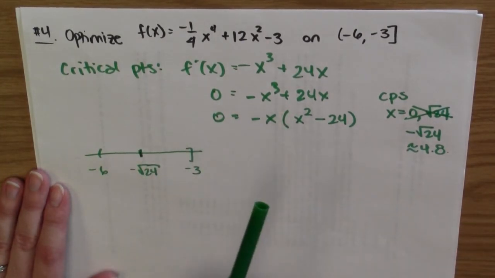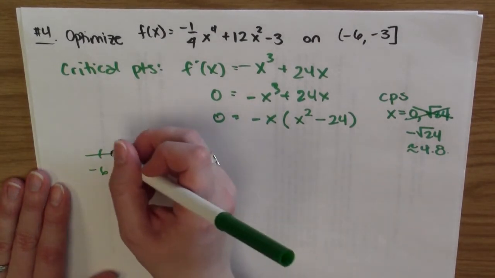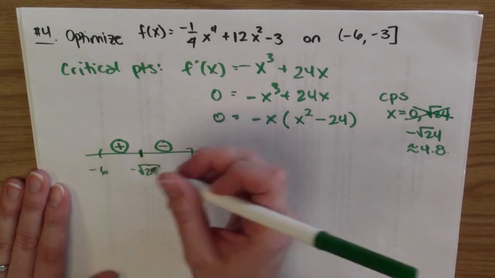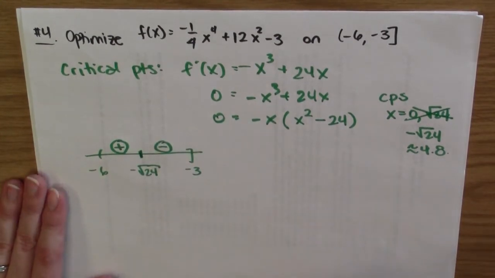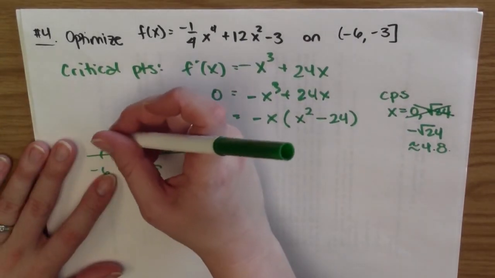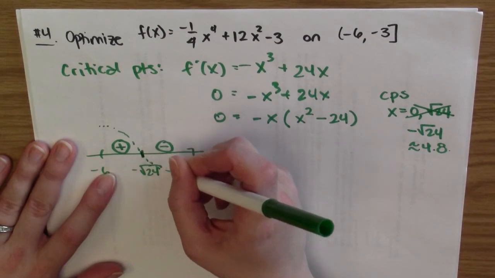And by testing some points on this interval, I can figure out that the first derivative is positive on this side and negative on this side over the whole interval because I don't have any other critical points on there, and I know a lot about the behavior of polynomials. So the function has to do something like this, right?